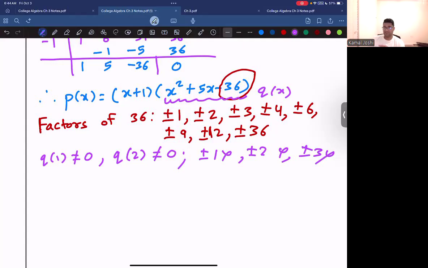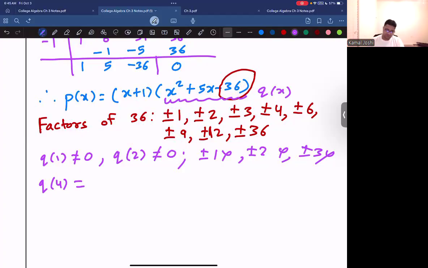It's still less than 36, right? So that also doesn't work. Let me check 4. Like small numbers or sometimes big numbers, you can rule them out just by looking at the polynomial. Then look for something which looks like it will work.